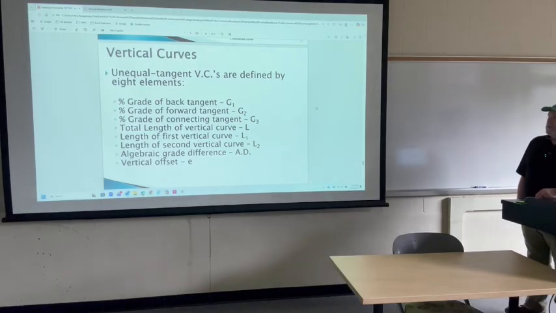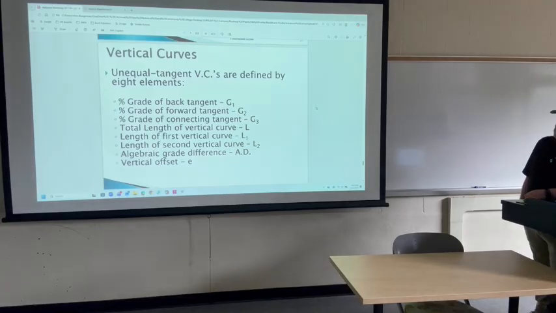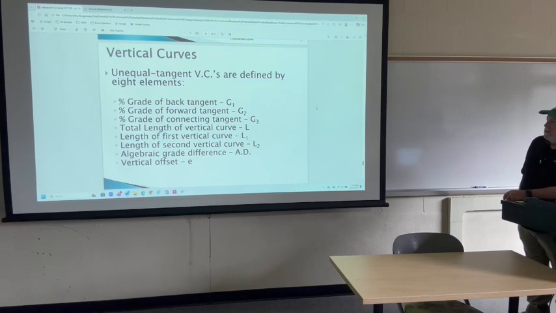Unequal tangent vertical curves are defined by 8 elements: your percent grade of your back tangent, your percent grade of your forward tangent, the percent grade of the connecting tangent, total length of vertical curve, length of first vertical curve, length of second vertical curve, the algebraic grade difference, and your vertical offset.